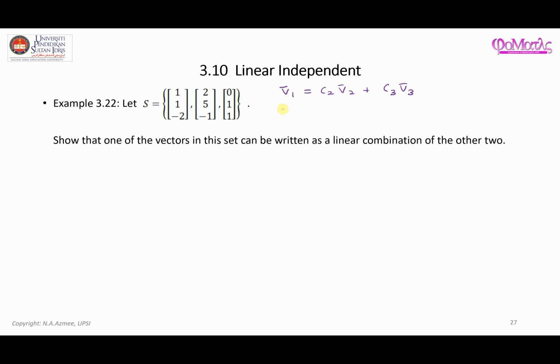It could also be vector 2 expressed in terms of a linear combination of vector 1 and vector 3. Or it could be vector 3 that can be expressed in terms of the linear combination of vector 1 and vector 2.